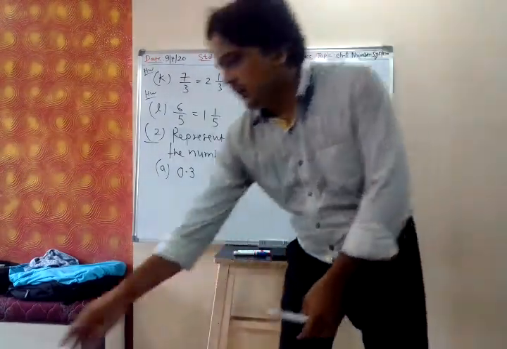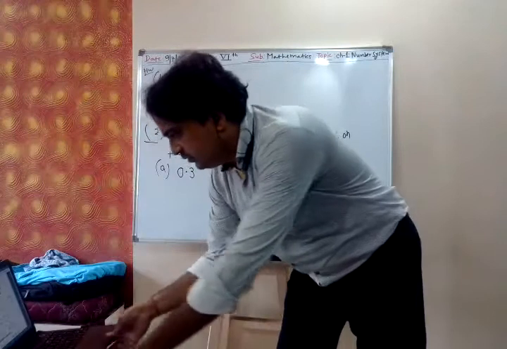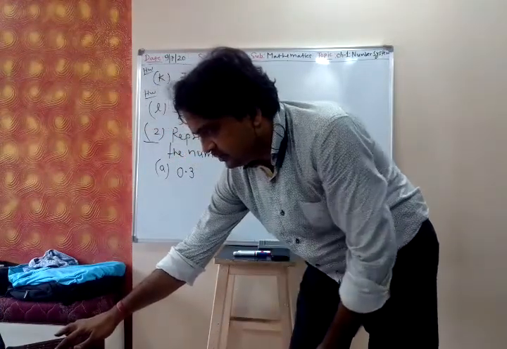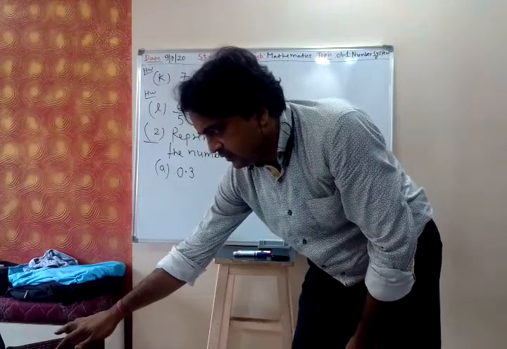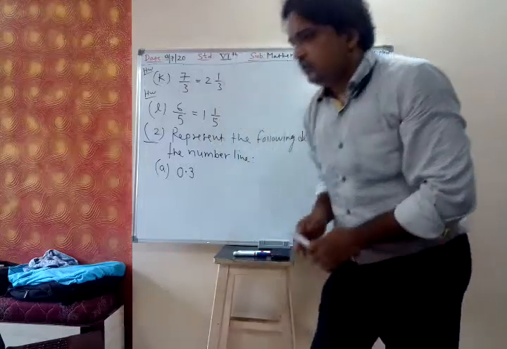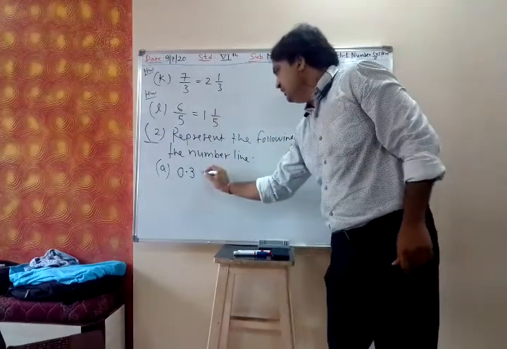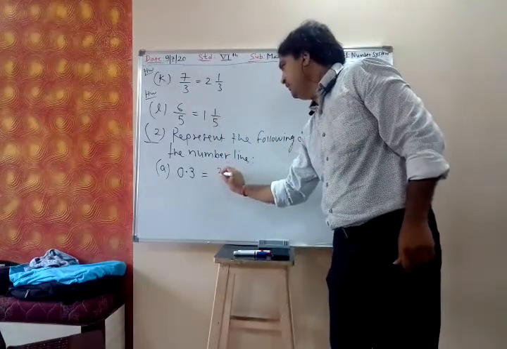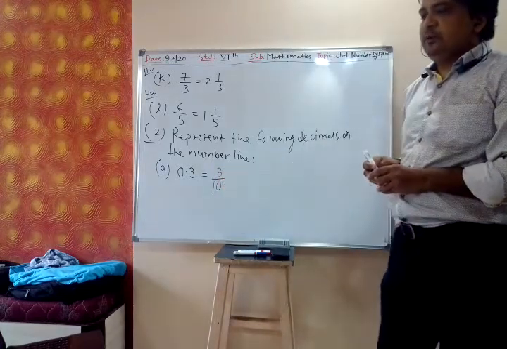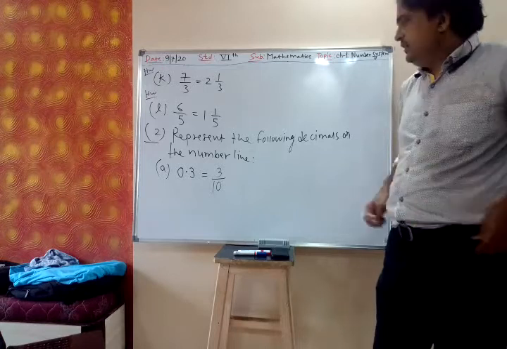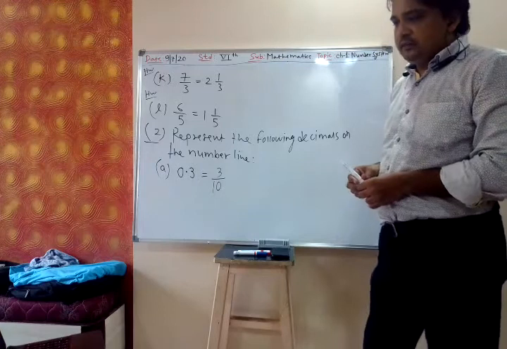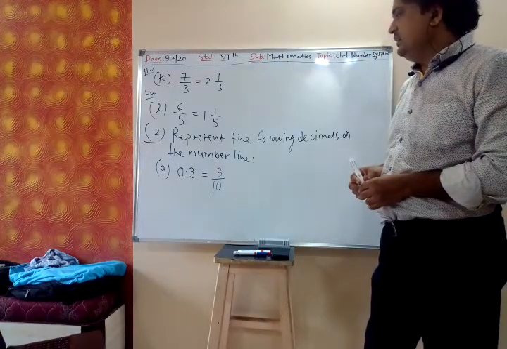Now write 0.3. We have to write the decimal representation of 0.3. So 0.3 I can write as 3 upon 10.